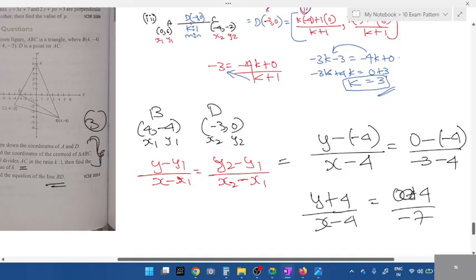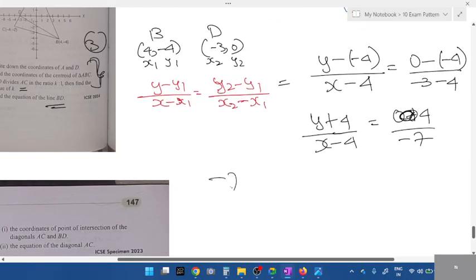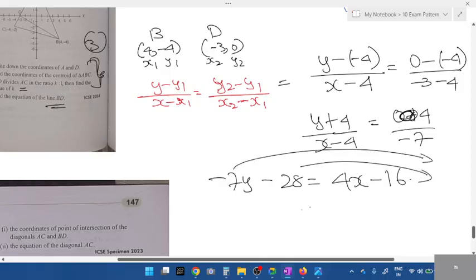So 0 plus 4, and let's write it as 4. Cross multiply. 4x plus 7y minus 16 plus 28 is equal to 0.